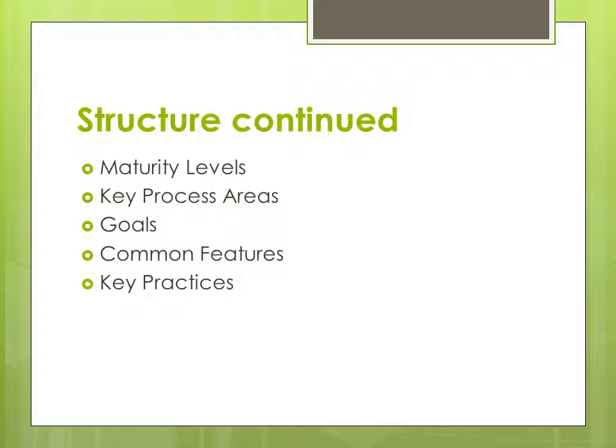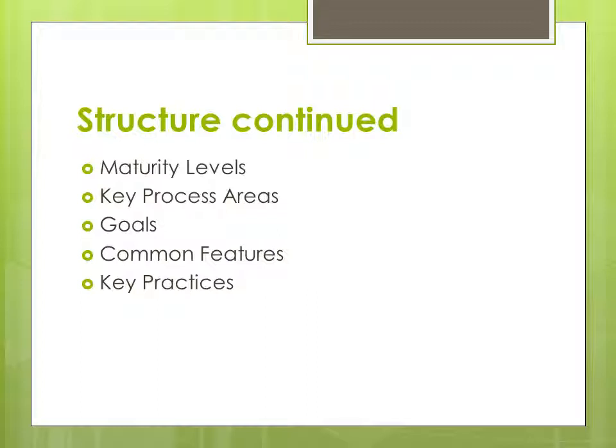The extent to which the goals have been accomplished is an indicator of how much capability the organization has established at the maturity level. The goals signify the scope, boundaries, and the intent of each key process area. Common features. Common features include the practices that implement and institutionalize a key process area.